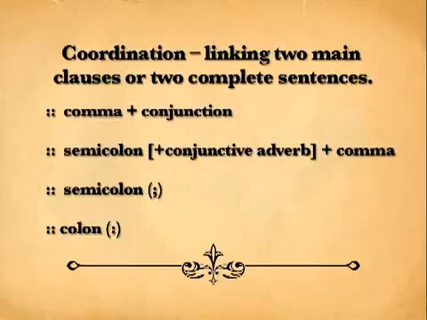Again, this one's not going to be used very often, fairly infrequently. And finally, the least often used method for coordinating sentences is the colon. It's going to be used very rarely, and it's going to show really, really close relationships, usually causal relationships, that the author really wants to draw the reader's attention to.